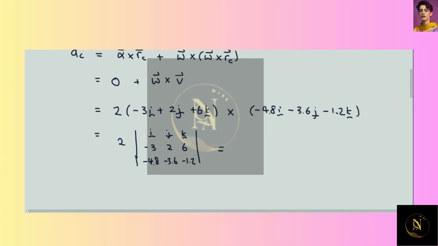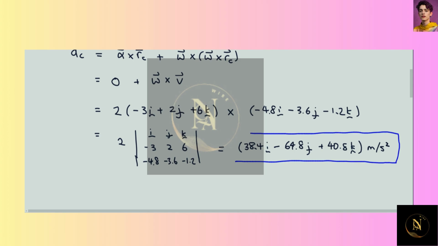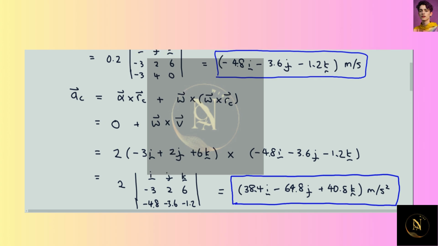If you do your calculation, you get 38.4i minus 64.8j plus 40.8k meters per second squared. This is the acceleration vector at point C. So just to recap, this is VC, and then this is AC.